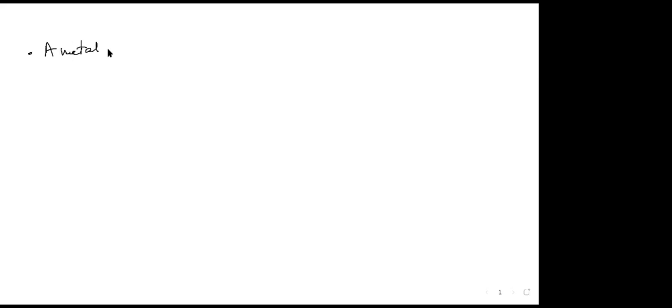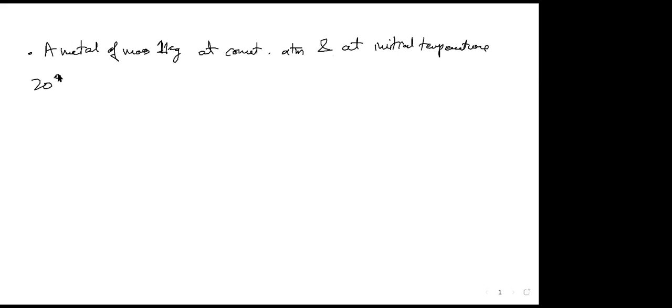A metal of mass 1 kilogram at constant atmospheric pressure, 1 ATM, and at initial temperature 20 degrees Celsius, is given a heat of 20,000 joules.